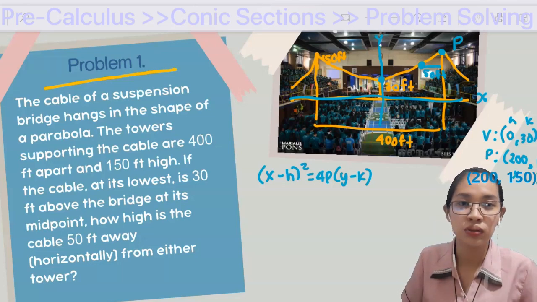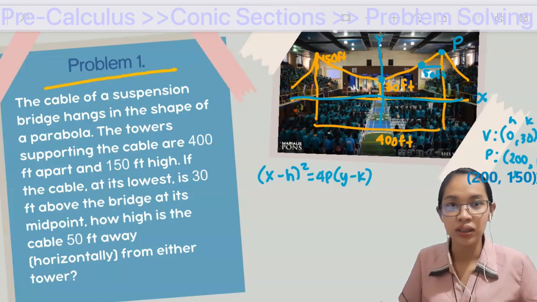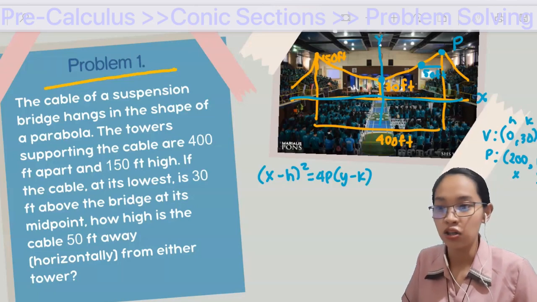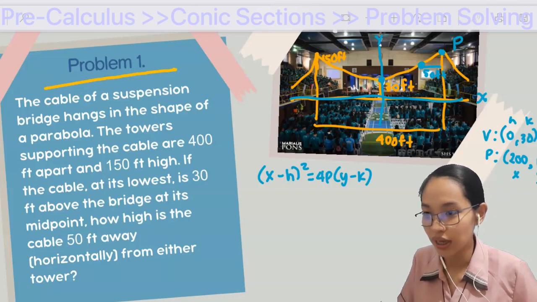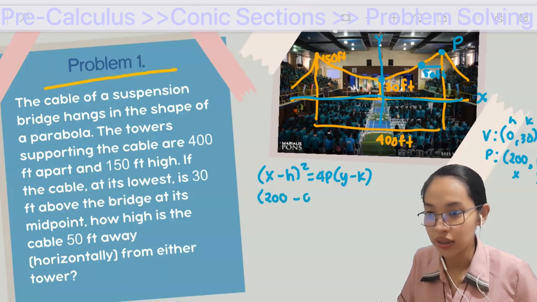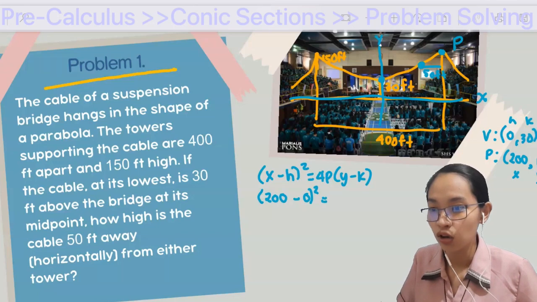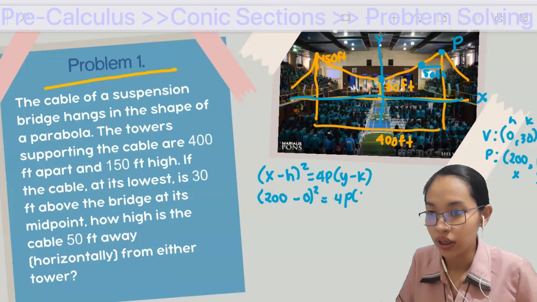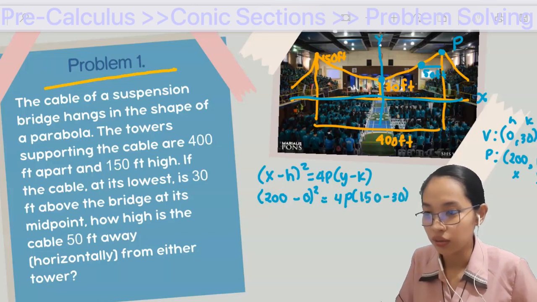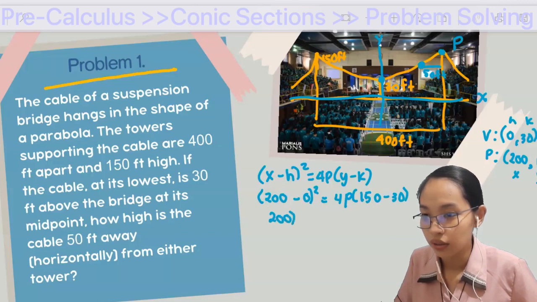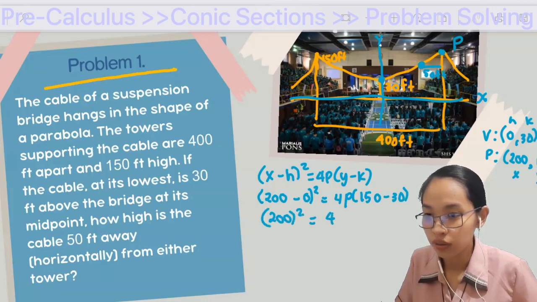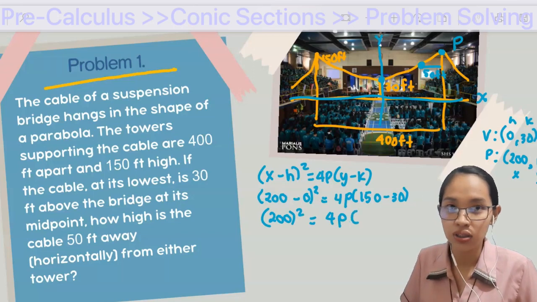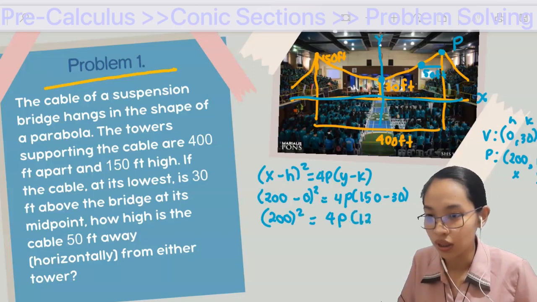So we can now substitute these given points into our general form of equation to get the value of p. So we have x, which is 200, minus the value of h, which is 0, squared, equals 4p multiplied by y, which is 150, minus 30. Next, simplifying, we have 200 squared equals 4p multiplied by the difference of 150 and 30, which is 120.